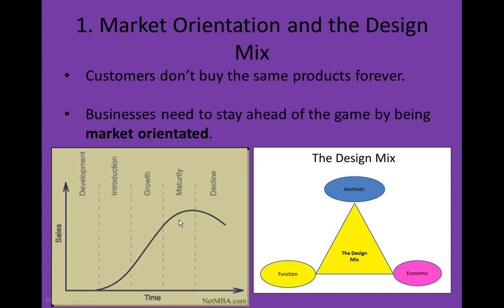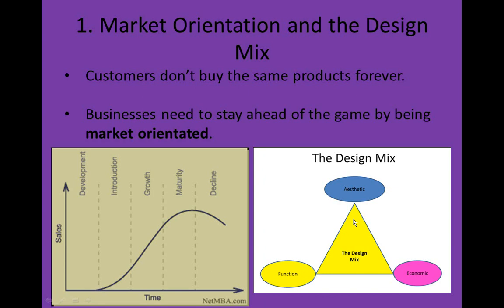Maturity is when sales start to reach a peak and flatten out, and at that stage the product is generating a lot of revenue for the company, but because customers don't buy the same products forever, eventually that product will fall into decline. We'll look at extension strategies for the product life cycle when we look at marketing. Enough just to say at this point that customers don't buy the same products forever, so businesses need to use market orientation to stay ahead of the game.